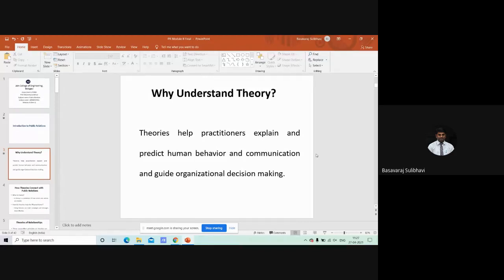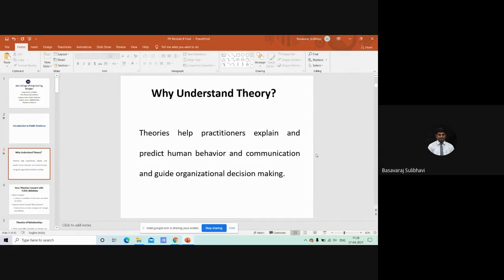So when we take it specifically for public relations, these practitioners get an ability to explain human behavior, and that gives them an ability to predict the type of behavior they can find in the public, as well as the type of communication to be used while reaching the public for building a good relationship.